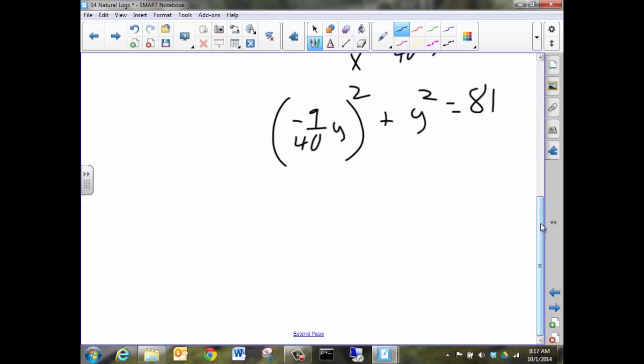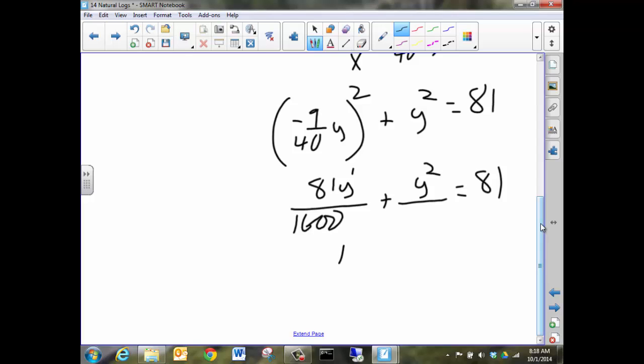Well, if we square this out, we get 81 y squared over 1600 plus y squared equals 81. Now we've got to use a calculating device, figure out, if I add these two together, so I get 1681 y squared over 1600 equals 81.